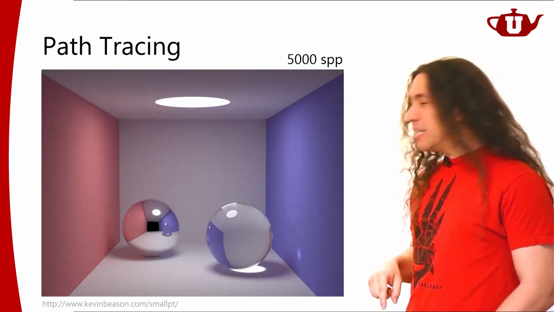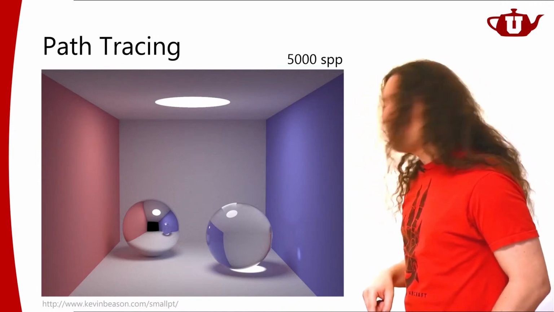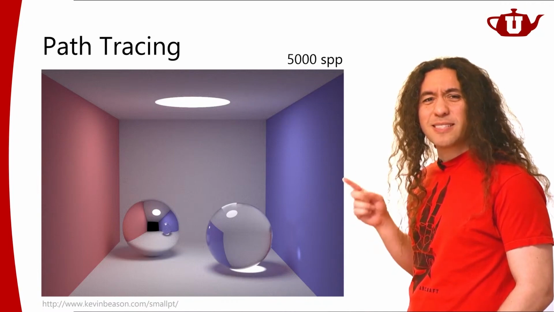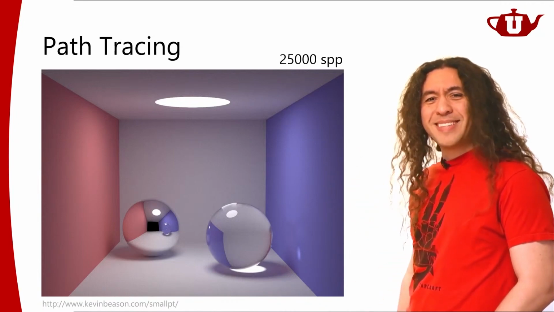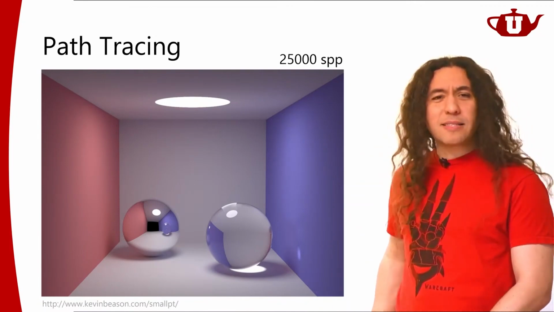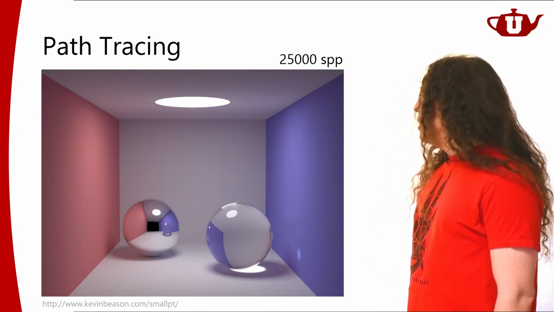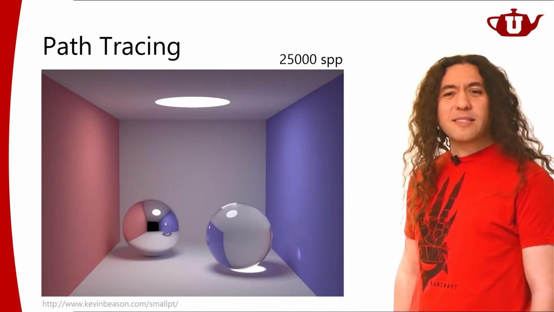Good. Now, I said pretty good. Is it? That's pretty good, right? But I can still see the noise. Let's crank it up some more. 25,000? Yeah, I think that's okay. So 1 versus 25,000. Oh, yeah, that's too much.